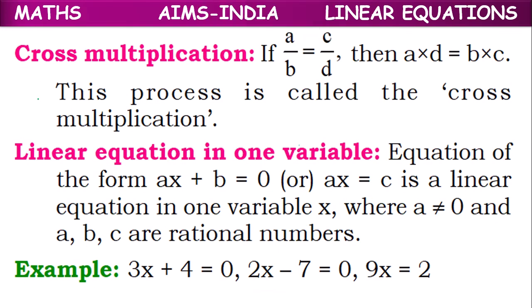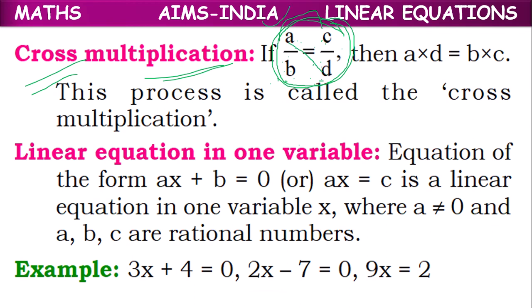Next, we have one more method called cross multiplication. Suppose the equality is such that a by b equal to c by d. As we have fractions on both sides of the equation, we can do cross multiplication.